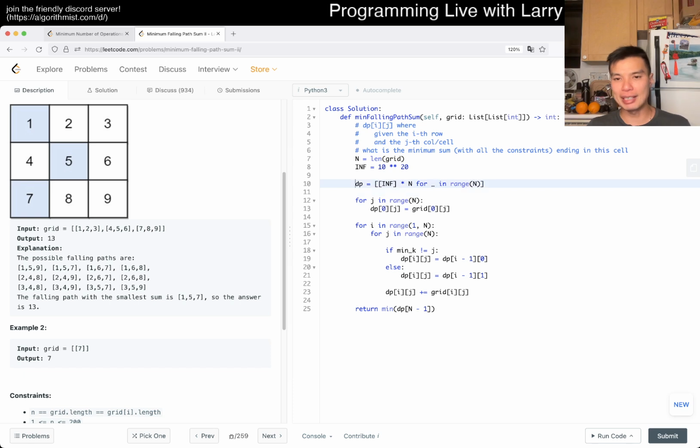Now, instead of n by n, we can have n by 2, say, right? Maybe I could just do 2, something like this, if I wanted to add a dimension.